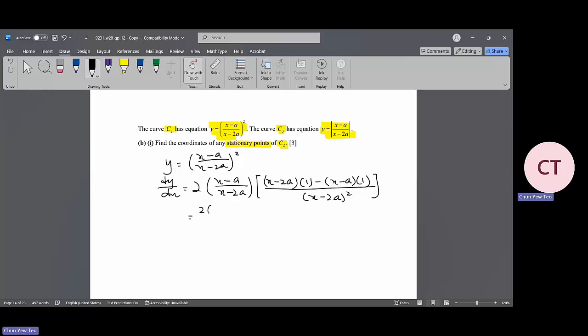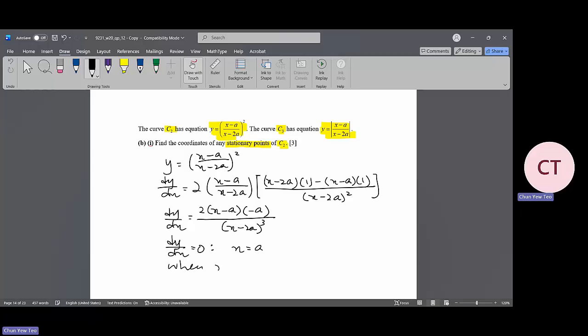Simplify it, you get 2(x minus a) times negative a, divided by (x minus 2a) cubed. That is your dy/dx. To find the stationary point, set dy/dx equal to 0, which means that x is a. So you have only one stationary point here, and we are looking for points.